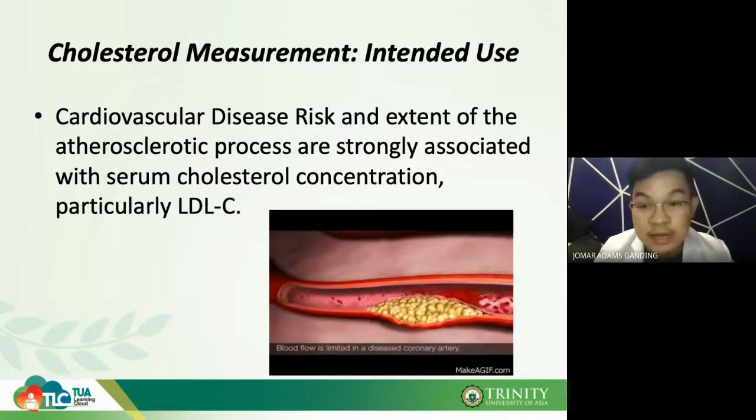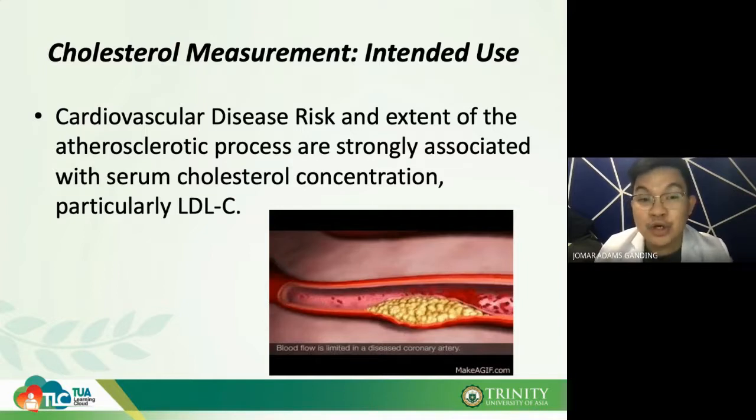But by this time, if you are already finished with our lecture in patient preparation, you have an idea now that in the lipid profile, the only one that requires fasting is your triglyceride. Triglyceride requires a 10 to 12 hours or a 10 to 14-hour fasting before blood collection.